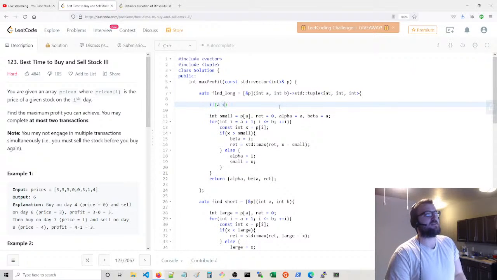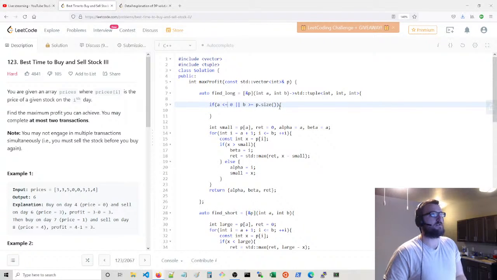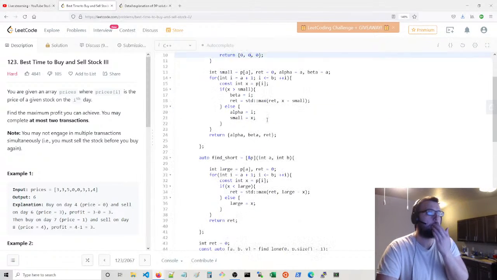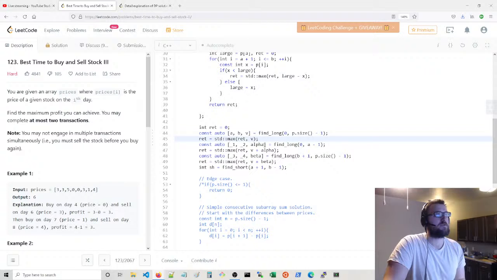If A is less than 0, or B is greater than or equal to p dot size, then return just 0, 0, 0, something like that. Basically, don't buy and sell.